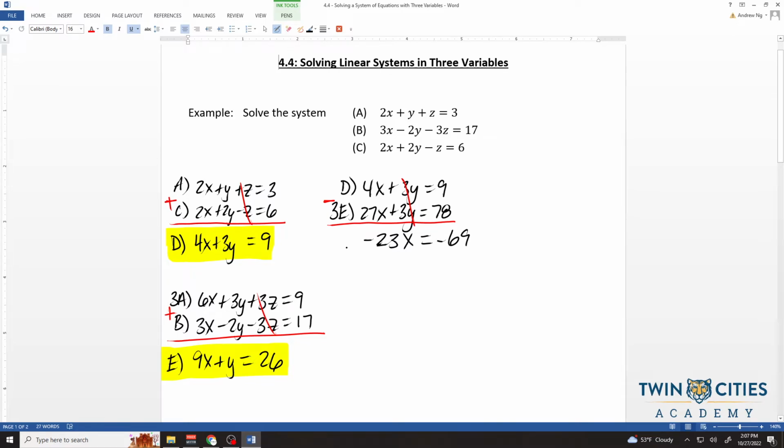And if you want, you can call this equation F if you'd like. You don't really have to, because at this point, we can just divide by negative 23 here to solve for x. Okay, x equals negative 69 divided by negative 23, x equals positive 3.